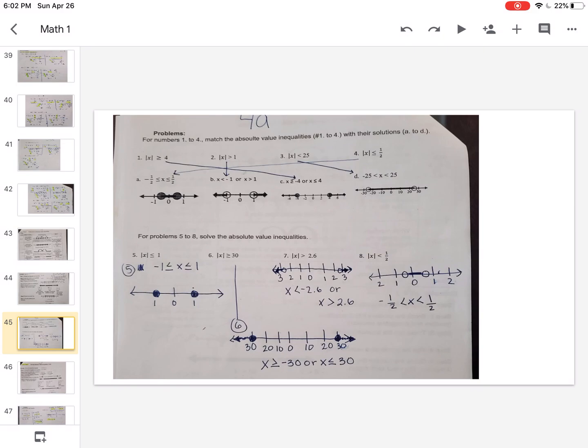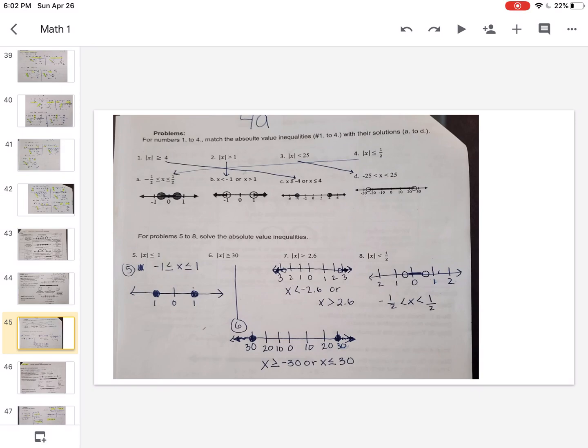Number 7, it says absolute value of x is greater than 2.6. So you can start with an open circle on 2.6 and negative 2.6, and then a positive 2.6. So x is less than negative 2.6, or x is greater than 2.6.